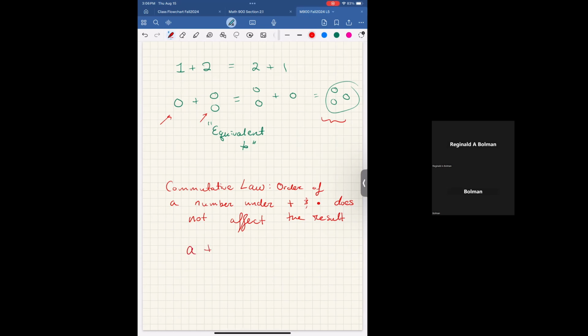So we use this algebra notation, A plus B equals B plus A, to represent this idea that I can take any two numbers and add them in any order.